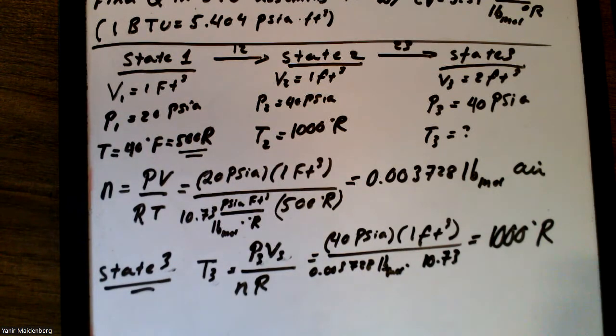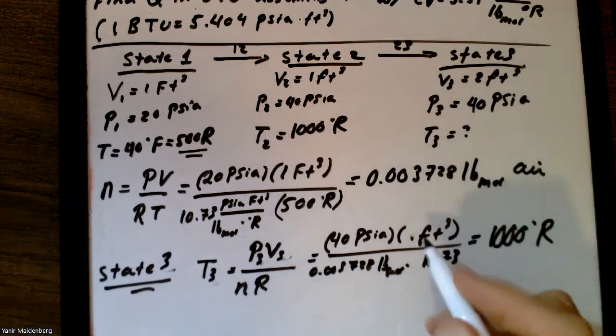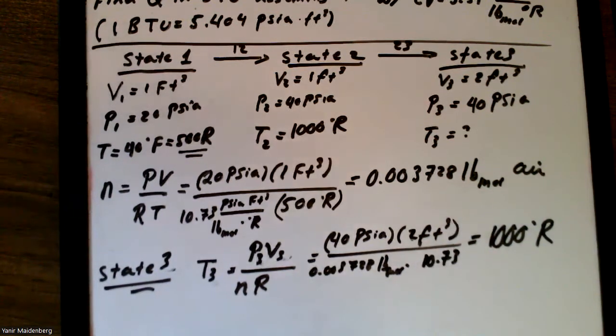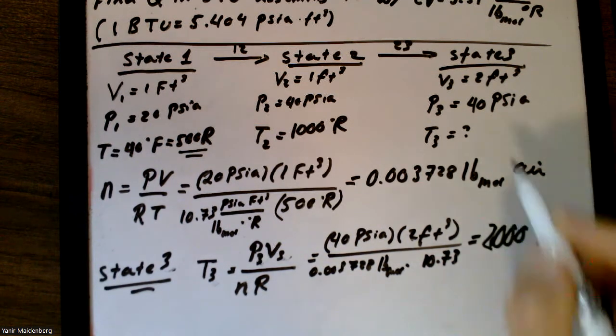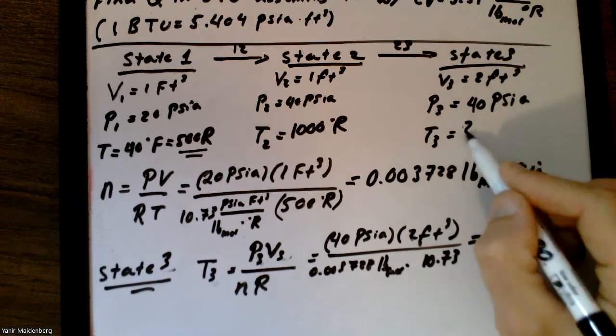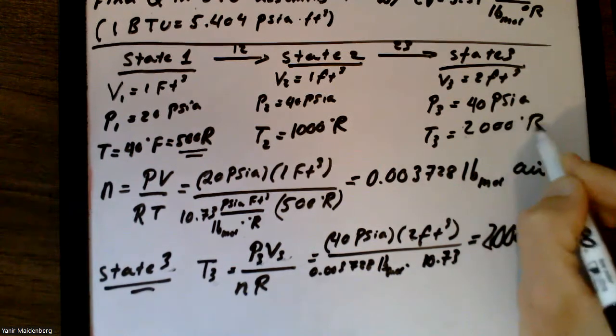In this case, the only thing that happens is that the volume doubles. The mole stays the same, the pressure stays the same, the R is the same. So this becomes 2,000. So the last temperature is 2,000 Rankine.